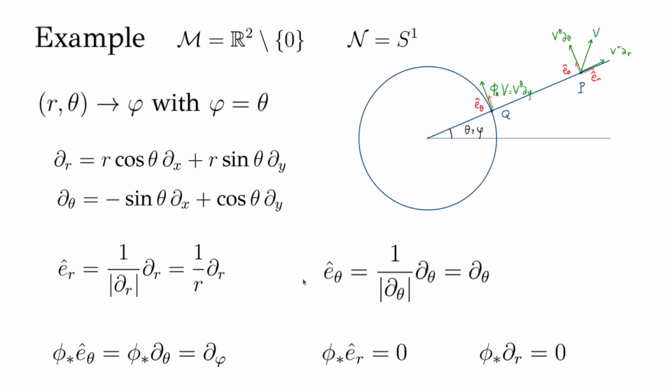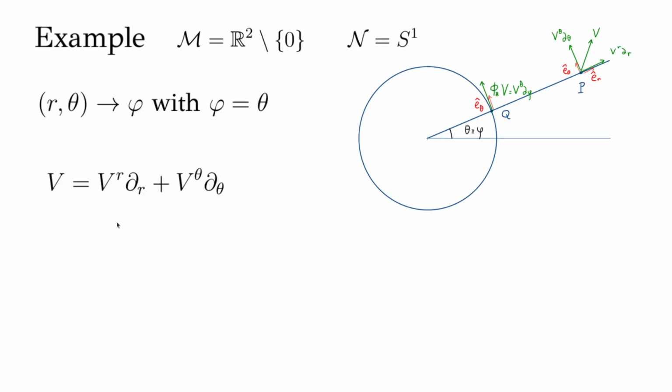And since E theta and d theta are the same, this will be true for the push forward of the vector d theta. The vectors E_r and dr, however, are projected out, and their image under phi star is the zero vector on S1.